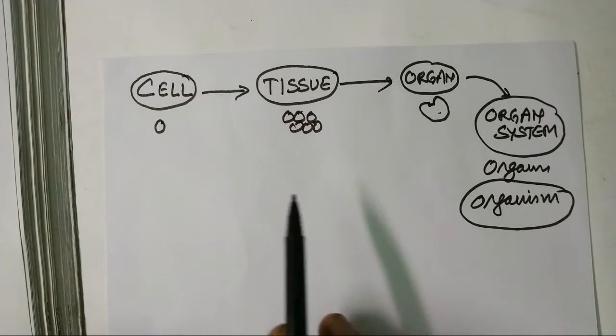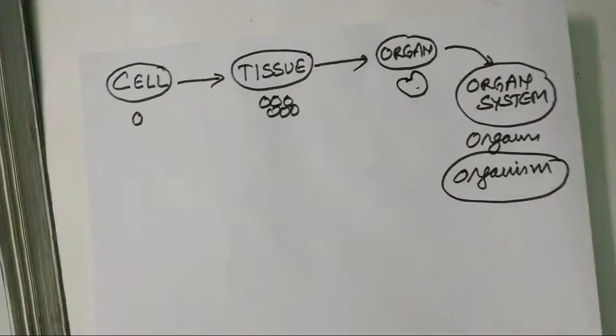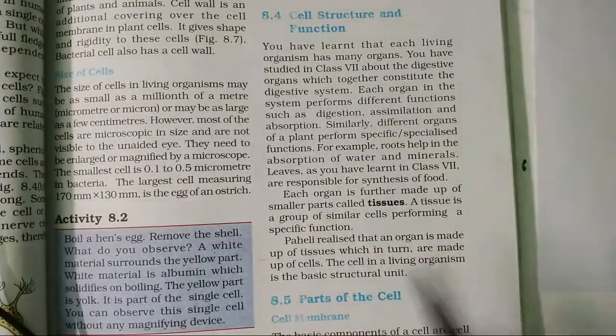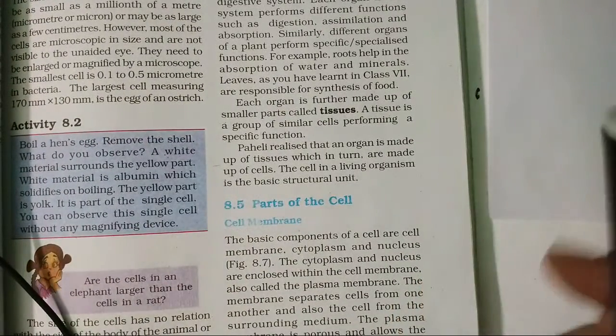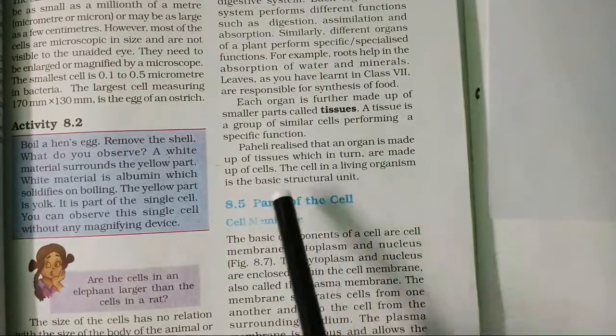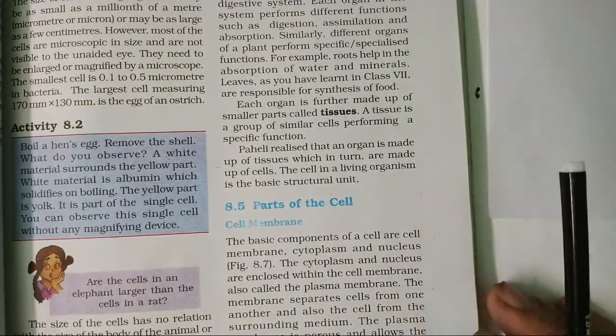The same thing is explained here in the book, and it says each organ is further made up of smaller parts called tissues, and a tissue is a group of similar cells. This is how the structure of the cell and the body is made.